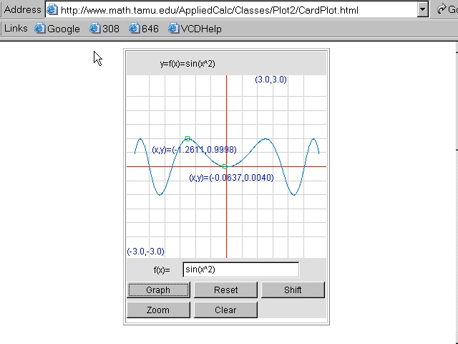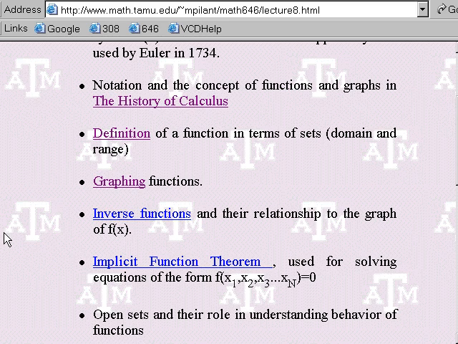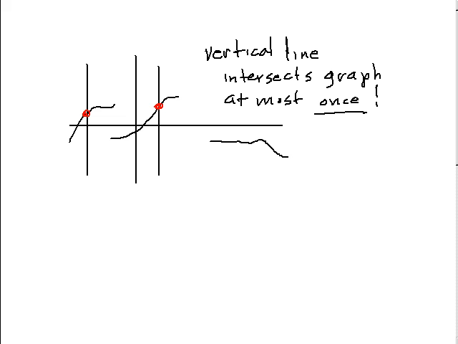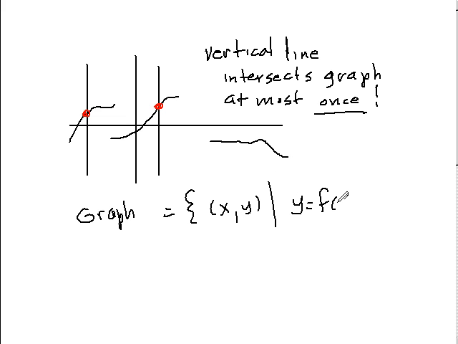Now, of course, the graph of the function is exactly the set of all points x and y, where y is related to x through the function values. Now the set of all x where f is defined is called the domain.